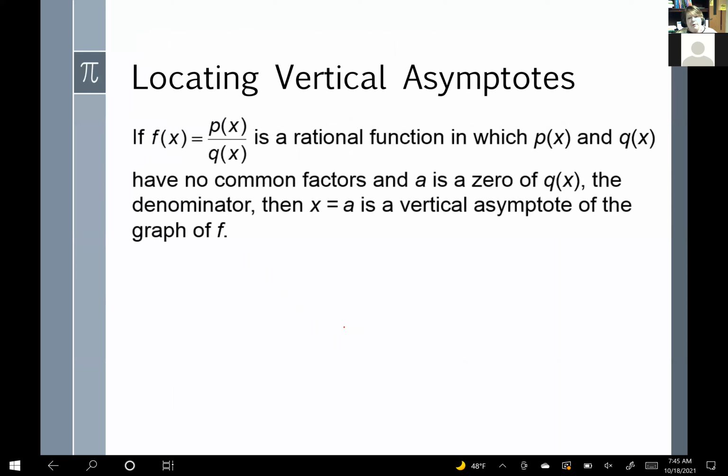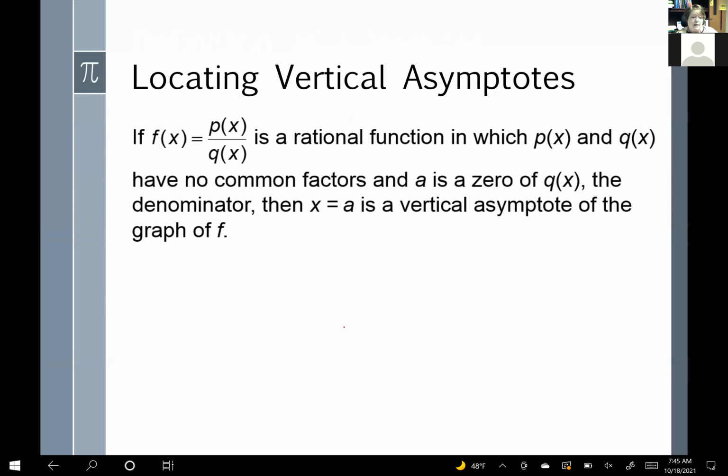Well, to find a vertical asymptote, you look at the function. And what you do is you reduce it to lowest terms. So if there are any common factors in the numerator and denominator of your rational function, you're going to cancel those out. Then you're going to look at the resulting reduced fraction.